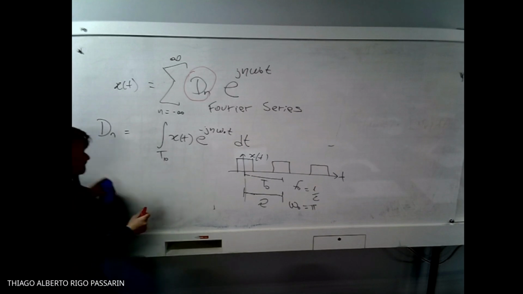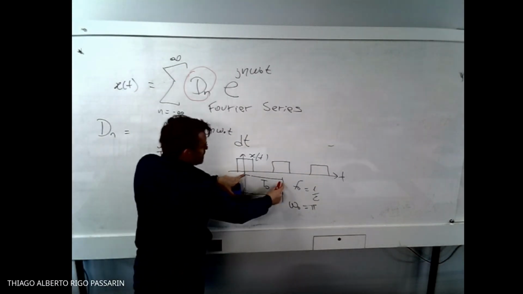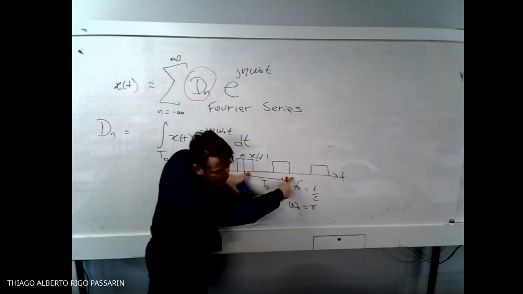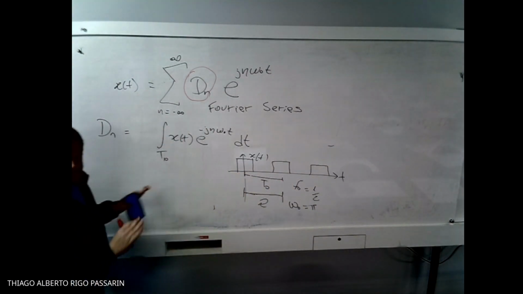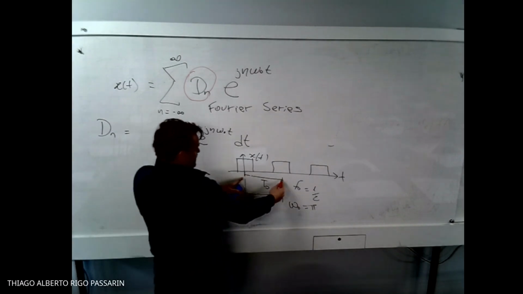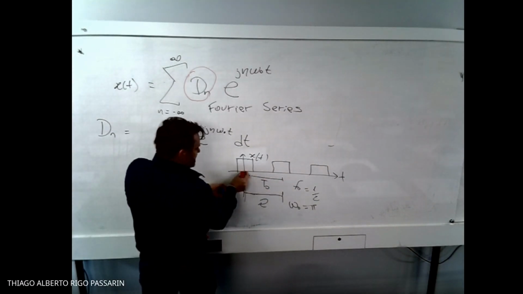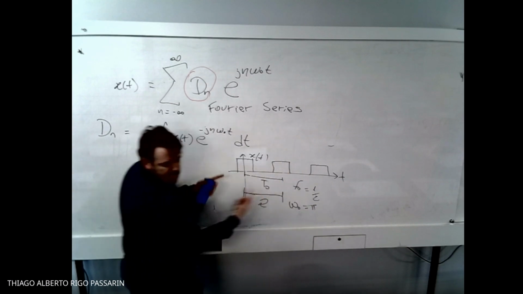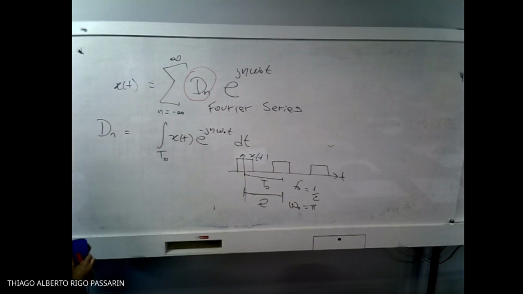A full period can be from 0 to t0, it can be from 0.1 to t0 plus 0.1, it can be anything as long as it encompasses a full period. Because if I shift the interval here, I lose something here, but I gain exactly the same thing here. So it doesn't really matter where I'm choosing this whole period.